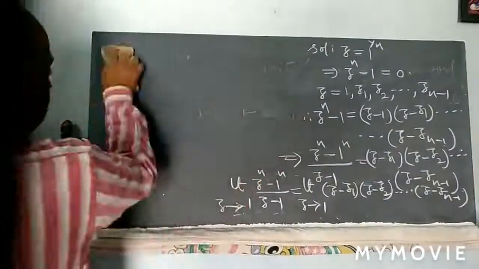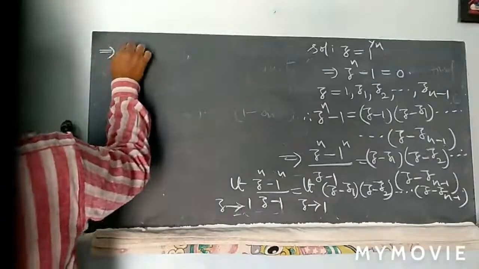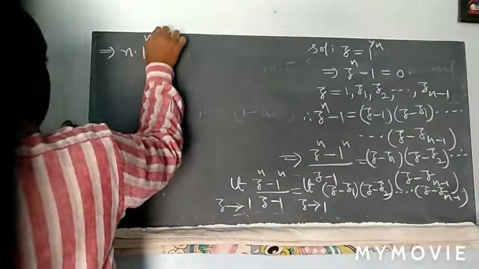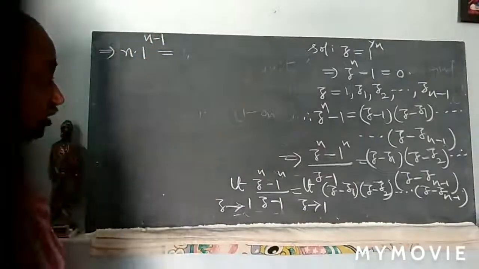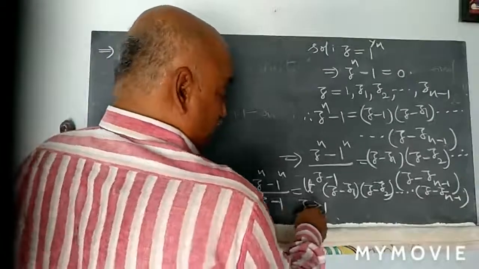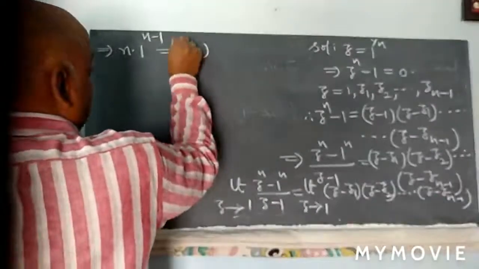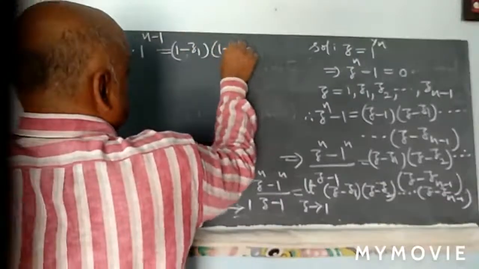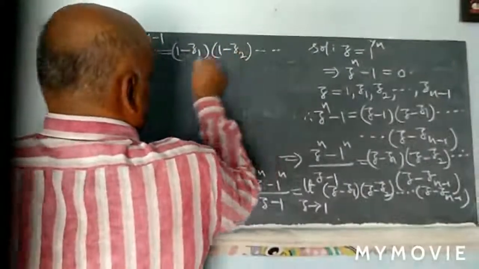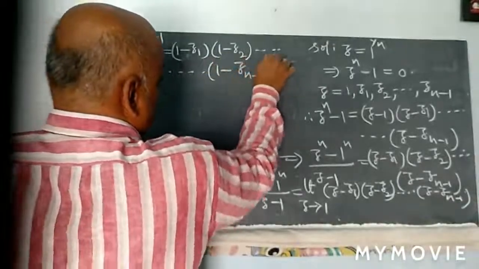So this implies n into 1 to the power n minus 1 is equal to, as z tends to 1, this expression becomes (1 minus z1)(1 minus z2) and so on into (1 minus z(n minus 1)).